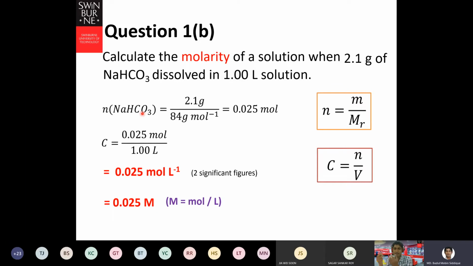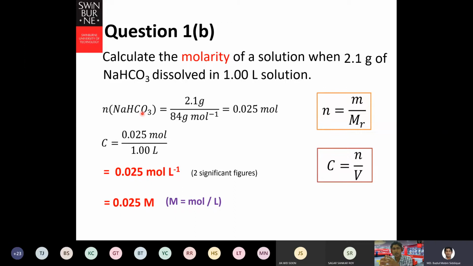If it is a molecule, then Avogadro's number of molecules. Sodium bicarbonate is a molecule, not an atom, because there are many atoms together, sodium, hydrogen, carbon, oxygen, all together forming 1 molecule. That's why we call it a molecule.